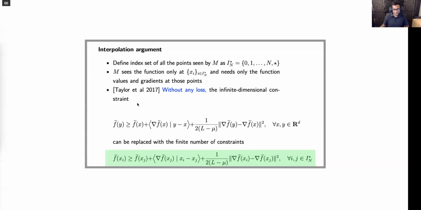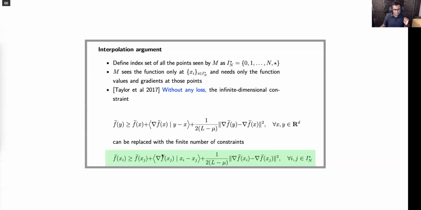Now, naturally, you can see that one direction is obvious. Of course, if the function f tilde is satisfying this property, this implies that this discrete set of inequalities, which is in a way a discretization of this inequality at the points that the algorithm or method is experiencing, will hold. So in a way, it's obvious, right?